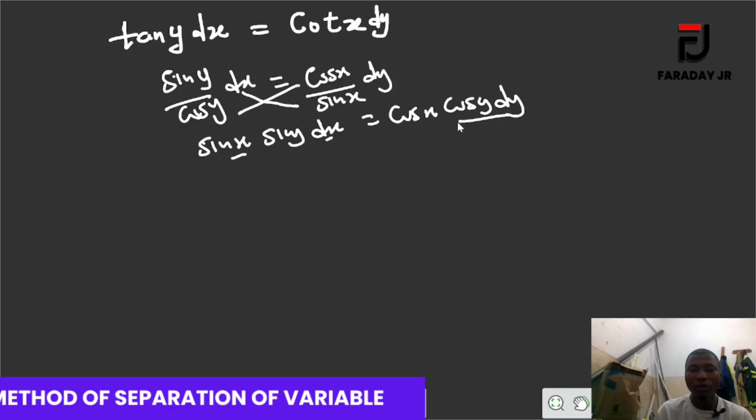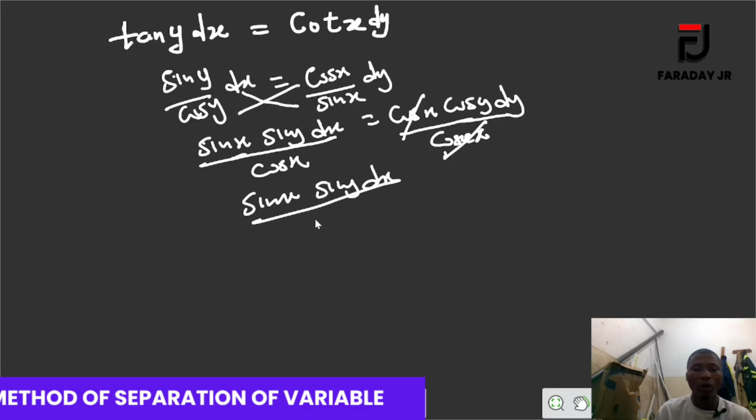So the next thing we'll do is divide both sides of the equation by cos x, and this cos x will cancel the other cos x. So we end up getting sine x sine y dx all on cos x equal to cos y dy.